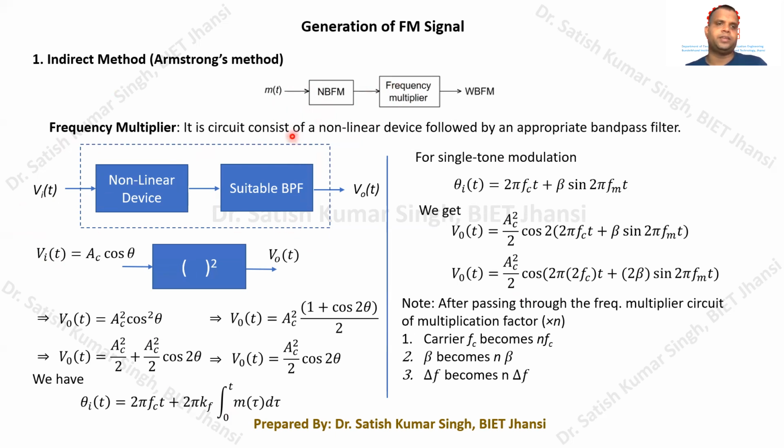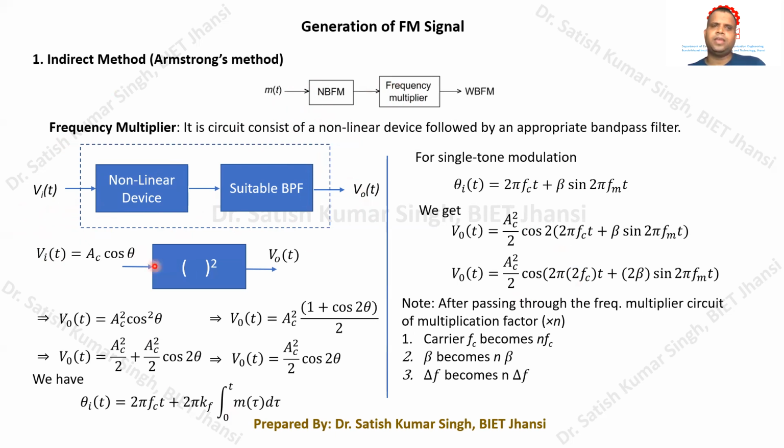Okay, this type of circuit. When the signal passes through it, if you observe its output v_output(t), the initial carrier frequency was f equals fc.